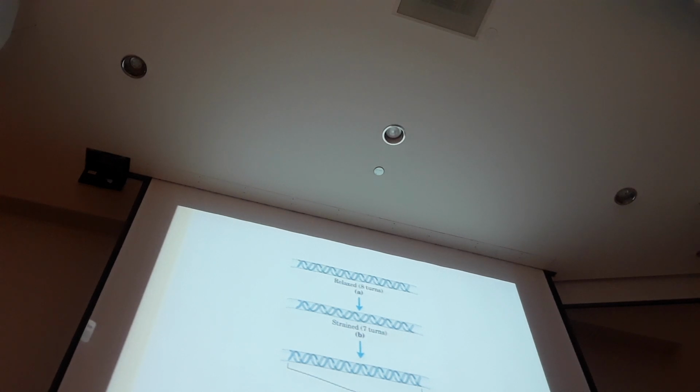So why is this local strand separation of such importance? Because in order for proteins such as DNA or RNA polymerases to access individual strands, we have to separate the two strands that are hydrogen bonded in a double-stranded molecule.